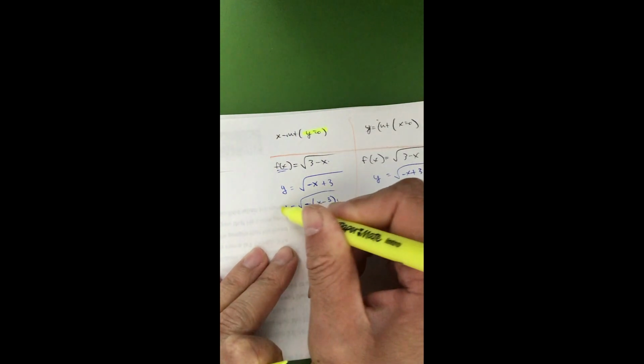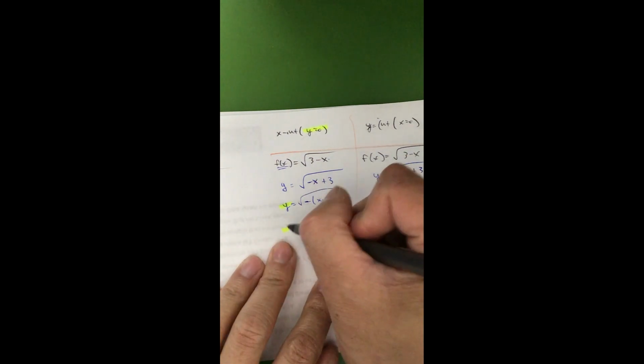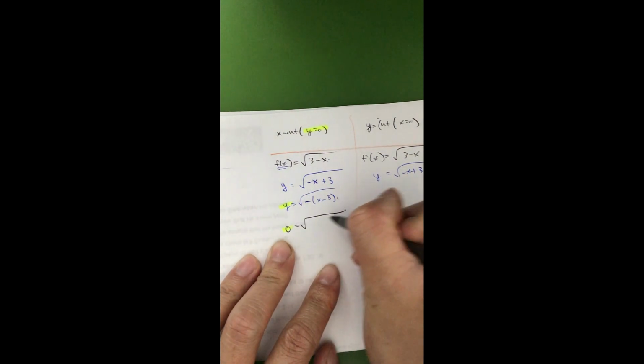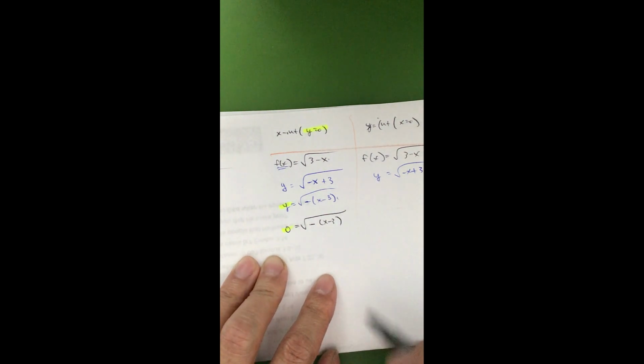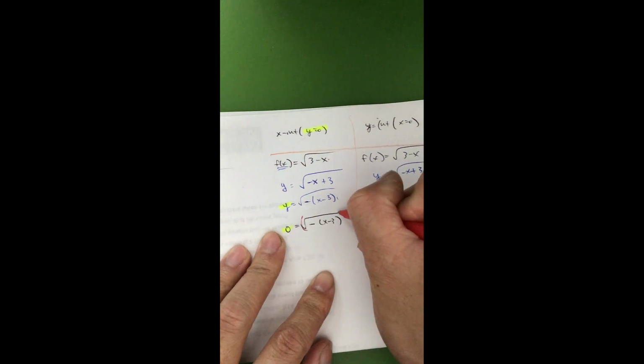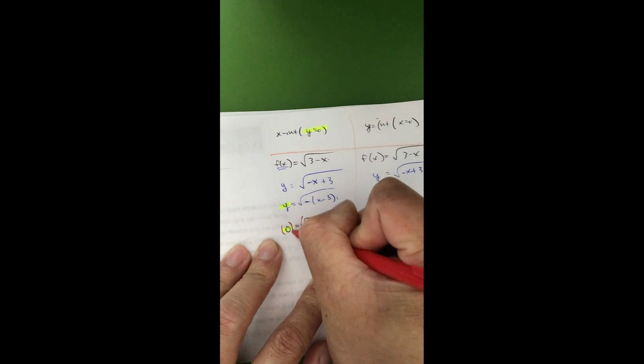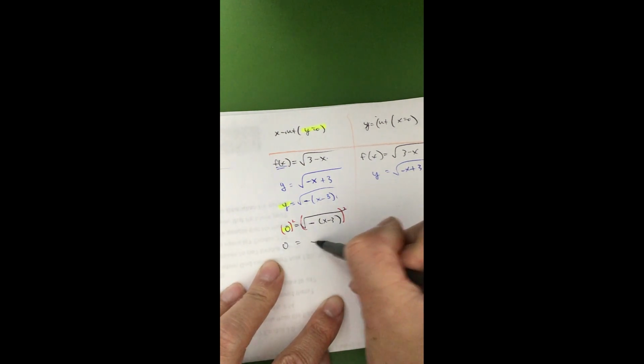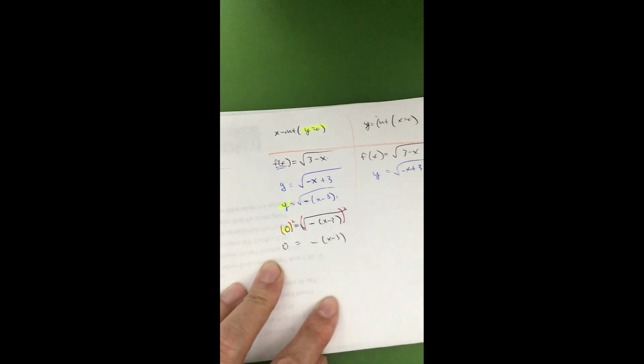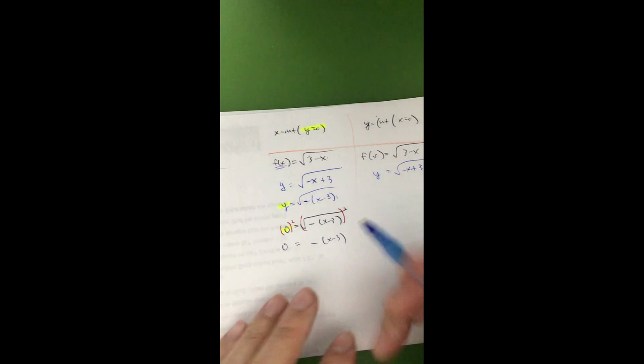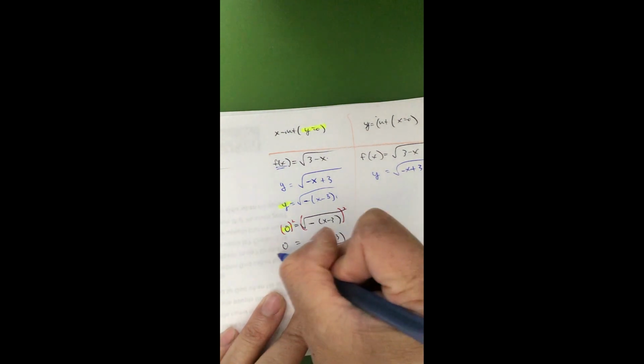We're going to make y equal to 0. And then I'm going to go ahead and remove the radical sign by squaring both sides, going to the power of 2. You're going to have 0 equals negative x minus 3. I'm going to divide by -1.